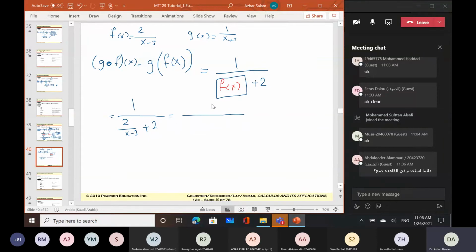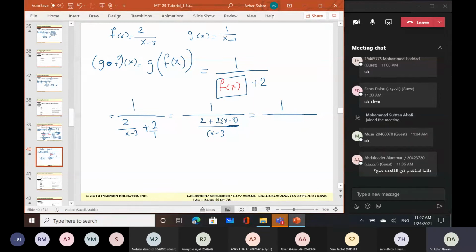The same thing here. I keep 1 here in each step and I unify the denominators here. Unifying the denominators is of course a multiplication of denominators. The denominator here is 1 times x minus 3, 2 multiplied by 1 is 2, plus 2 multiplied by x minus 3, equals, keep 1 in each step.